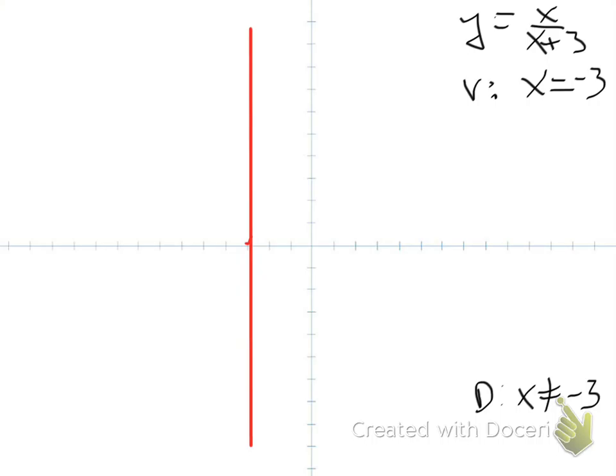Okay, the next thing it says, find the equations, or any points of discontinuity. There are no points of discontinuity there because nothing cancels out. So find the equation of the horizontal or slant asymptote. Well, if I looked at it here, this has a degree of 1 and this has a degree of 1. They're both 1. So I just look at the leading coefficients and make a fraction out of it. So you get a horizontal asymptote, and y equals 1 divided by 1, which is 1.